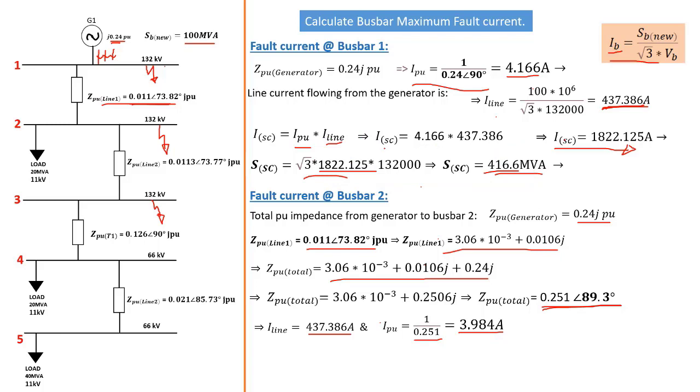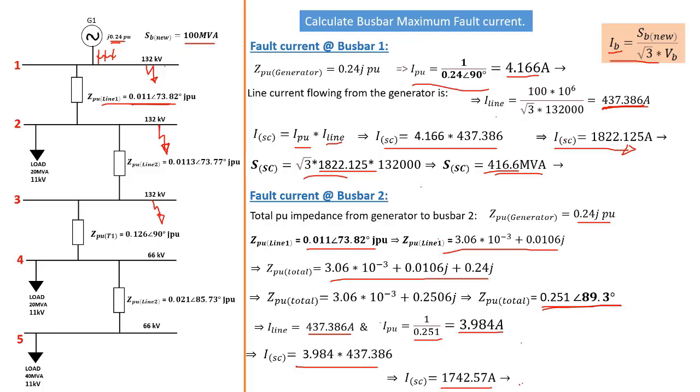Just like we've done here, we now need to multiply the I per unit times the I line. We're going to do exactly the same thing there. So I per unit times I line gives us the short circuit value of 1.742 kiloamps. That is the maximum short circuit current flowing at this point, busbar 2.